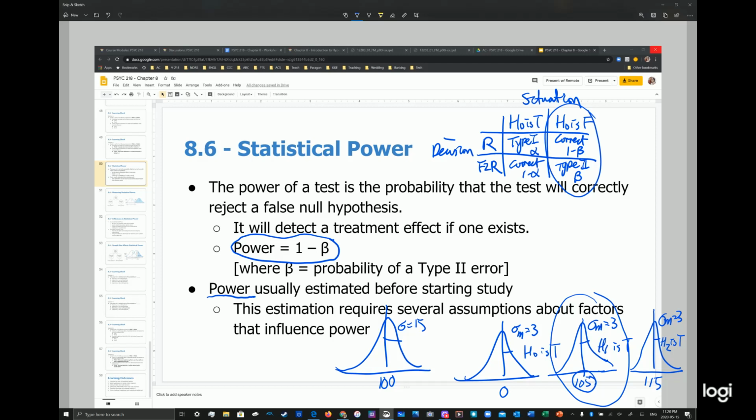Again, your sample size directly influences standard error, which is the standard deviation in your sampling distribution, which would change the shape of your null distribution as well as your alternative distribution, depending on what your prediction is. That is how far you think the mean would change, positive or negative, away from the population mean. That would predict how large the treatment effect is.